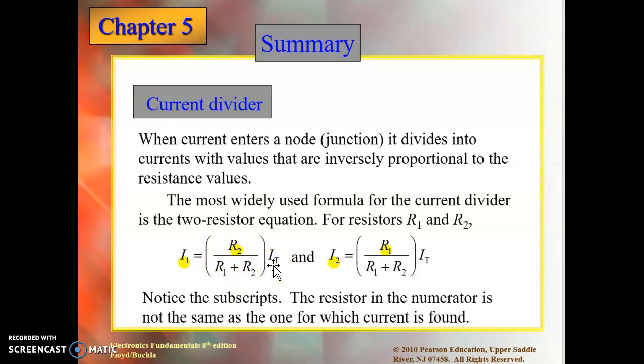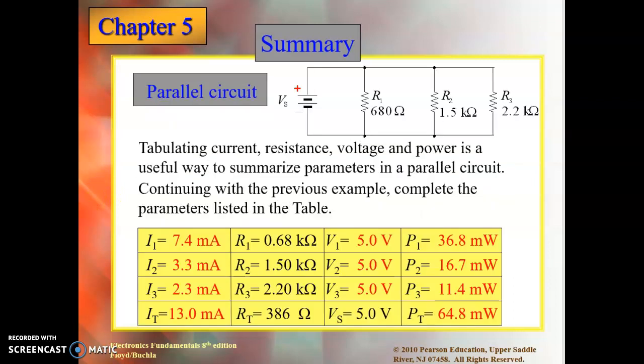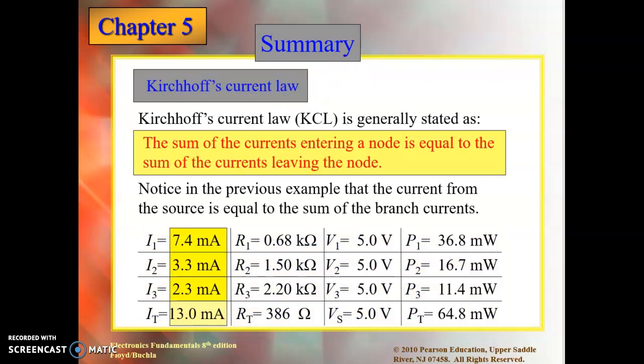In this case, I don't say I source because it might not be an I source. We say I total because that is the total current entering that specific node. Like in this case, yes, it was I source because it was coming from the I source, but it's not always the case.